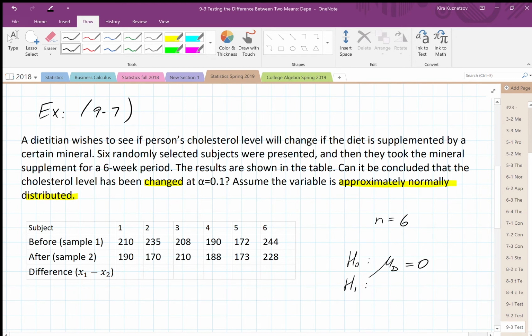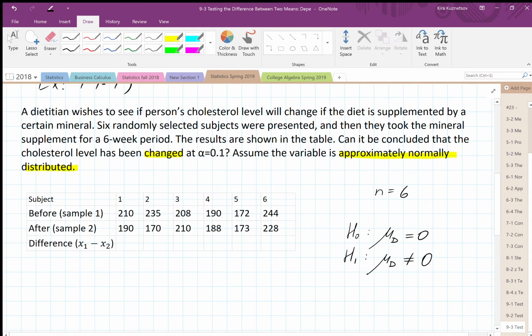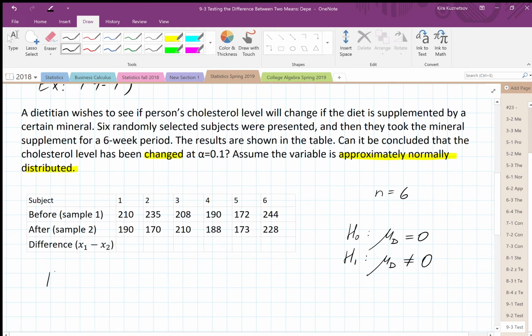So I'll set up my null hypothesis as mu sub d is equal to 0 and mu sub d is not equal to 0. So this is where we start. We are looking at a t-test. So what I'm running is a t-test, two-tailed, with degrees of freedom of n minus 1, which is 5.